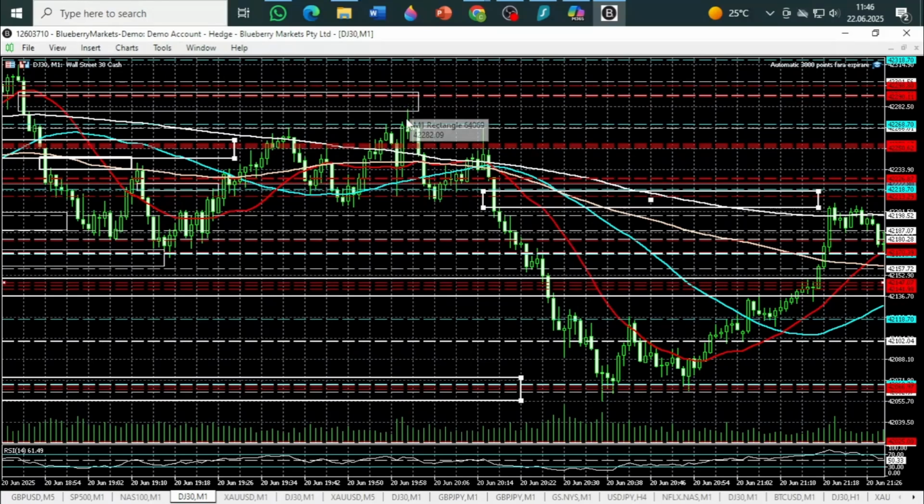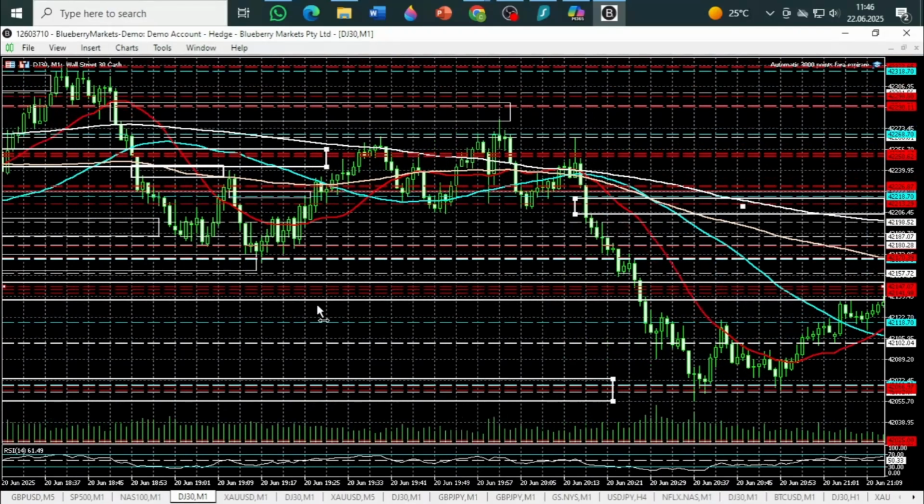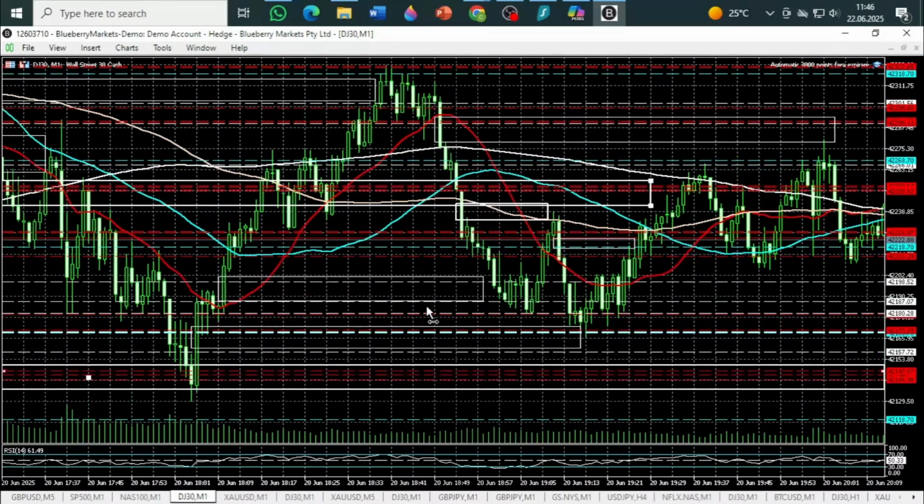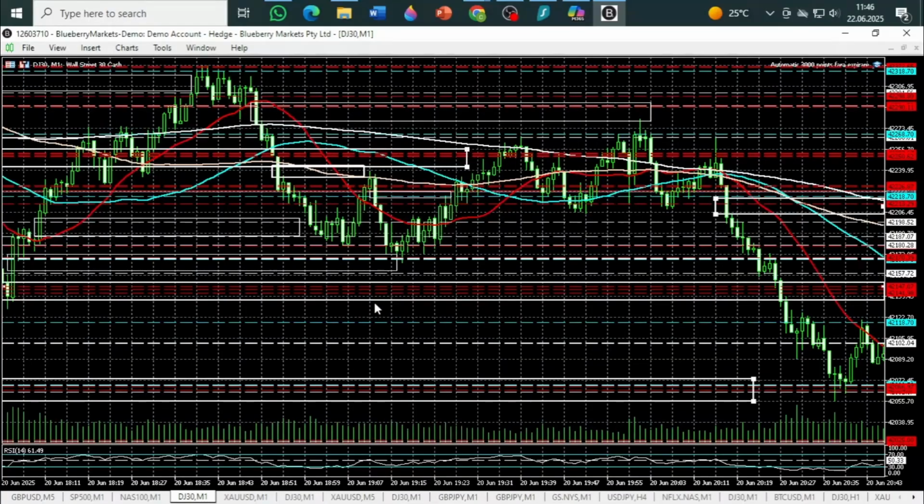Also, we have a beginning of the trend here, and here the end of the trend, but let's look if we have a fair value gap on the left side.